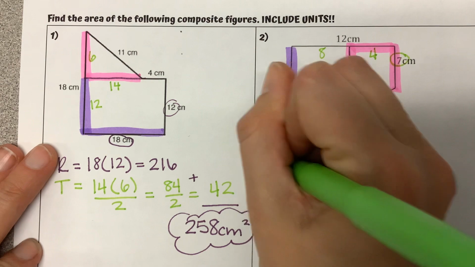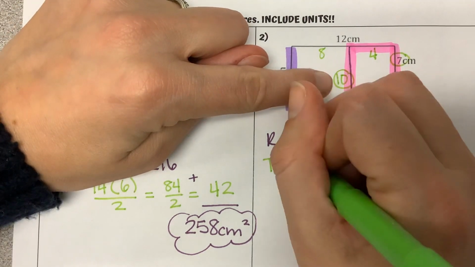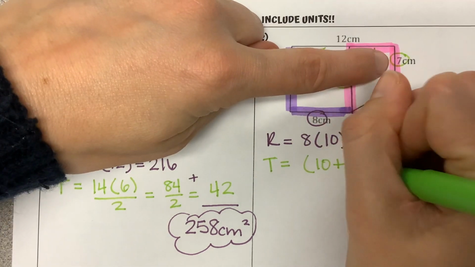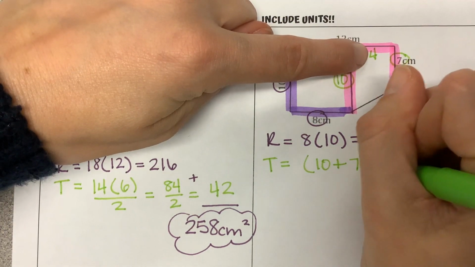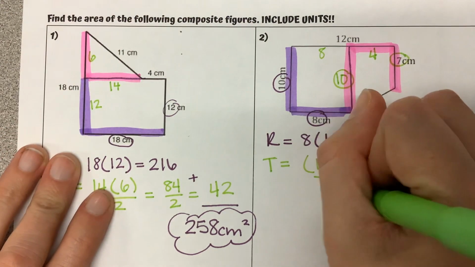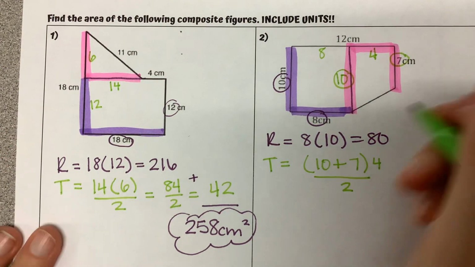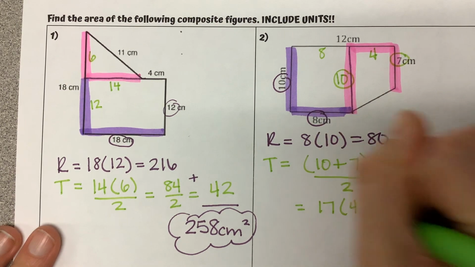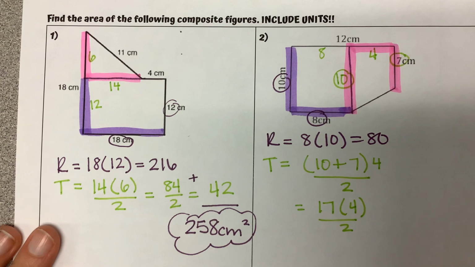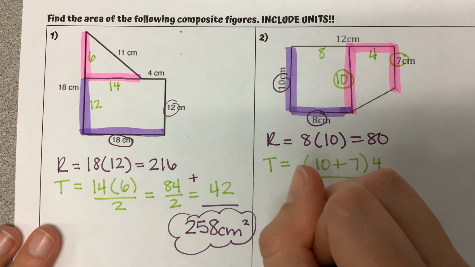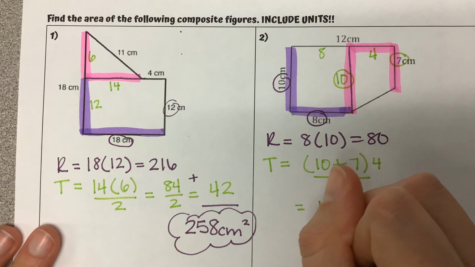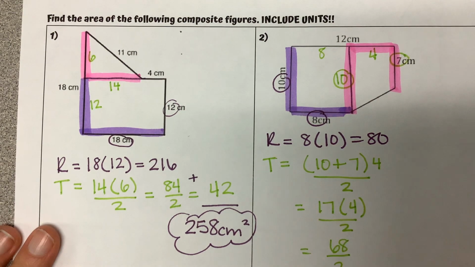So for that trapezoid, we are going to do base 1, which is 10, plus base 2 of 7, times that perpendicular height of 4, divided by 2. So calculating, 10 plus 7 is 17, so 17 times 4 is 68, divided by 2 is 34.